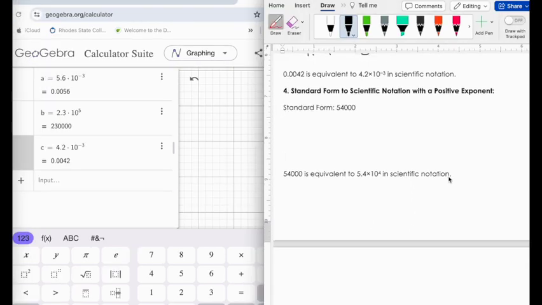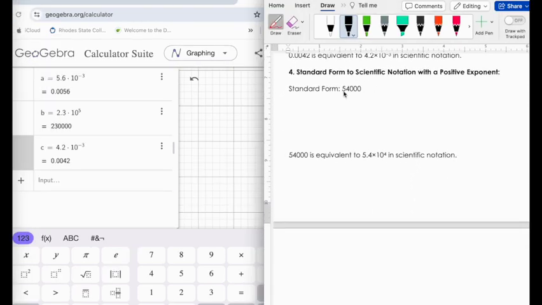Last example, we have a big number here, 54,000. I want only one digit to be to the left. So that means I'm going to put my decimal place right there. So I'm going to have 5.4. Now, even though it's not shown in this number, we know the decimal place for whole numbers is going to be right here.